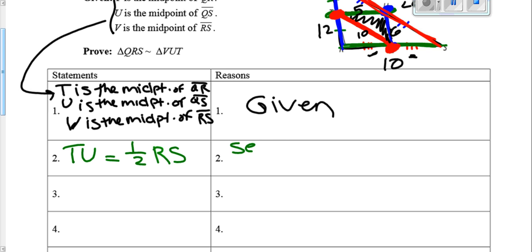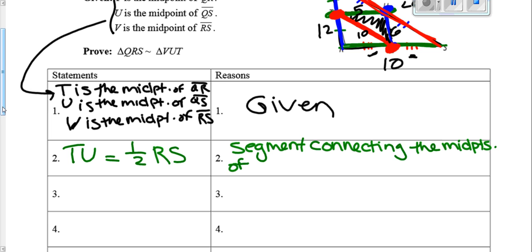This is how we're going to word it: the segment connecting the midpoints of two sides of a triangle is 1/2 the base.